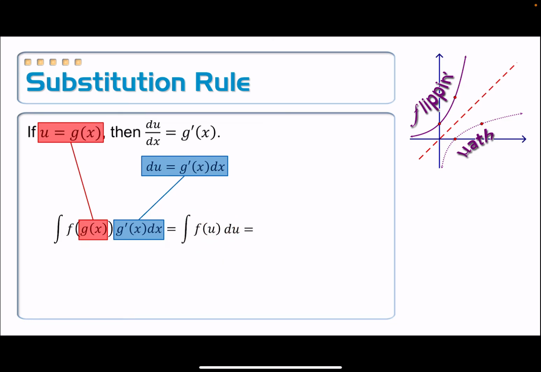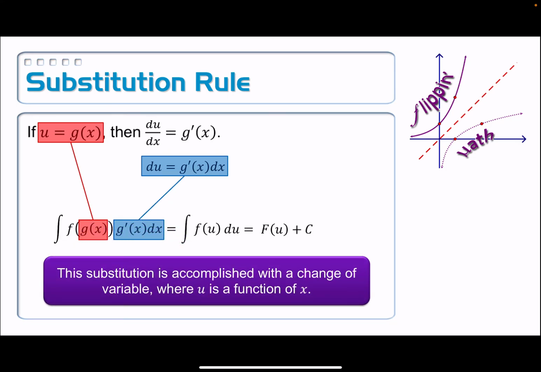I can just apply one of those very straightforward antidifferentiation rules, right? So the antiderivative of this should be big F of u plus c. And then of course you want to rewrite your function in terms of its original variables, not in terms of the u, but you want to take that u out and replace it with the g of x, okay?